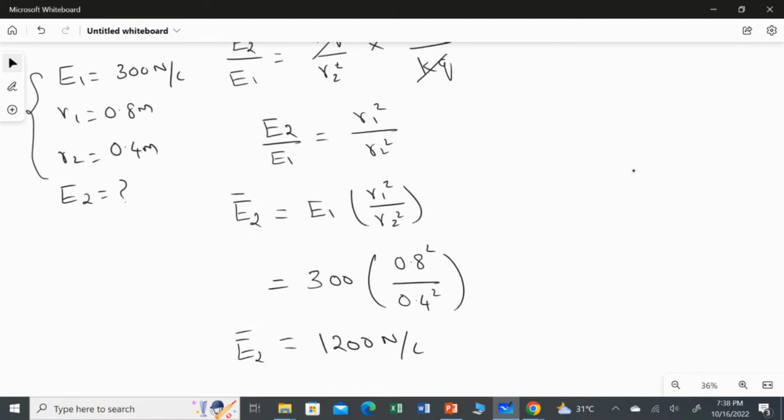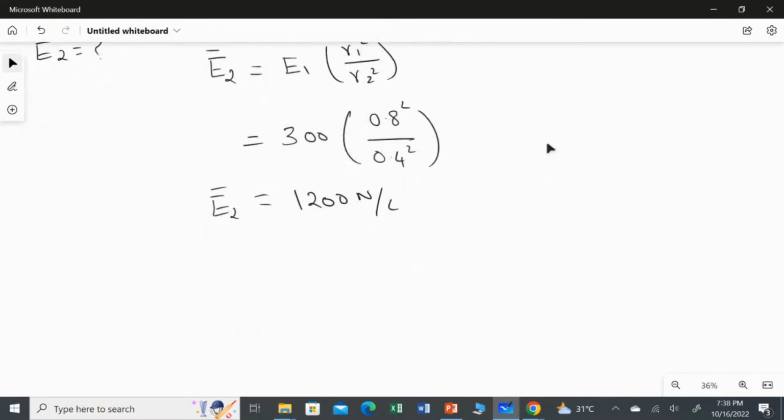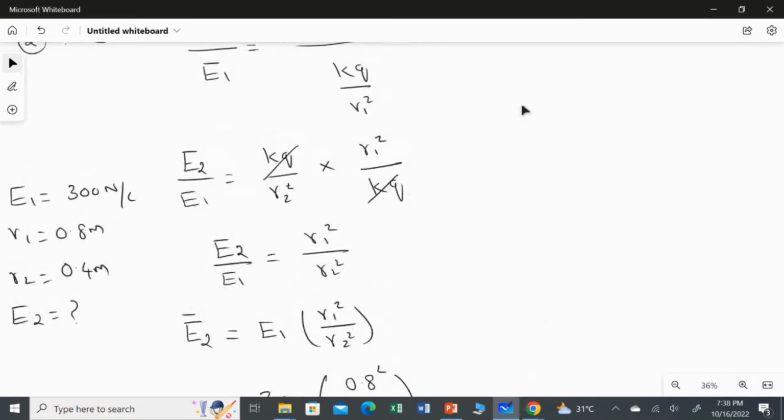But still, we did not complete the question because they are asking about the difference in electrical field magnitude. So we have to find what the difference value should be. The difference in electrical field is equal to the greater value of electrical field minus the smaller value, because here our second electrical field E2 has the greater value. So 1200 minus, what's the value here we have?